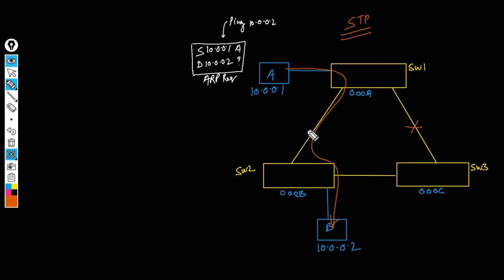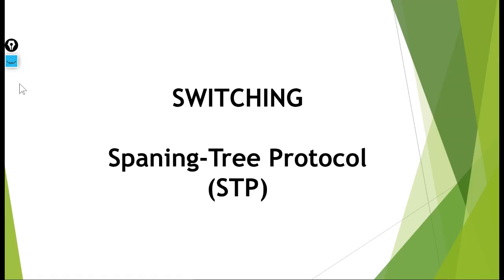And if any one of the links fails, the blocked link will become active automatically and the communications will take place like this. So STP is a smart and intelligent protocol which makes sure to block the redundant link, and makes the link active once any of the links goes down.